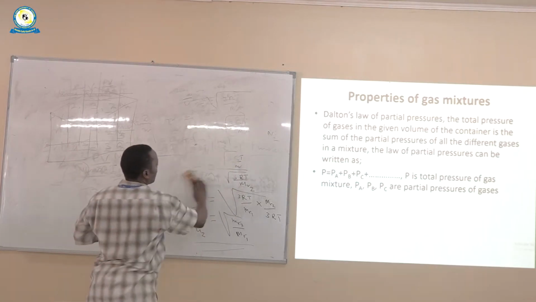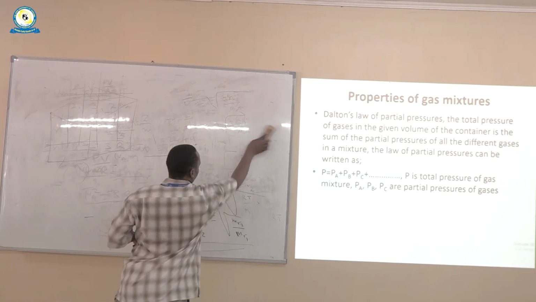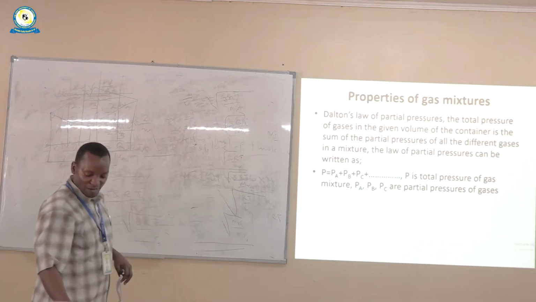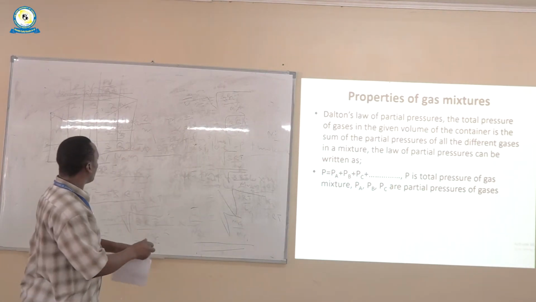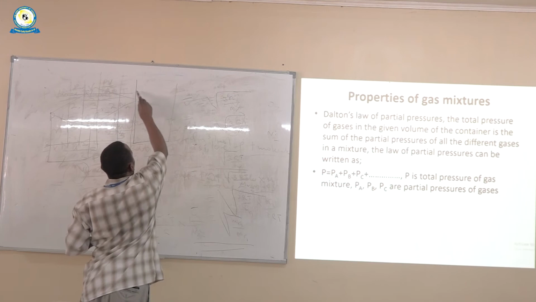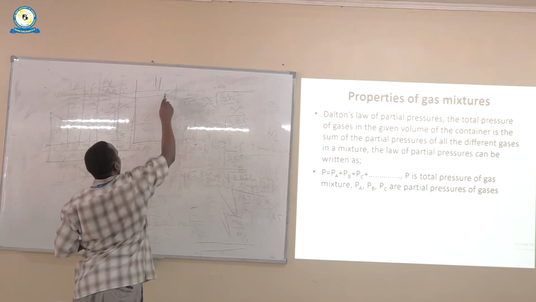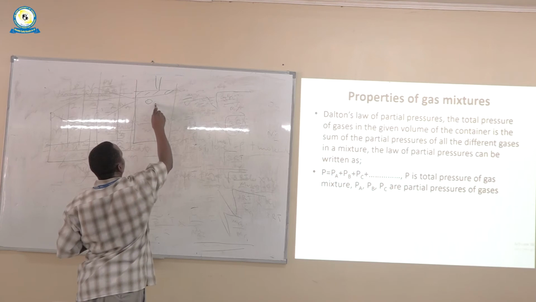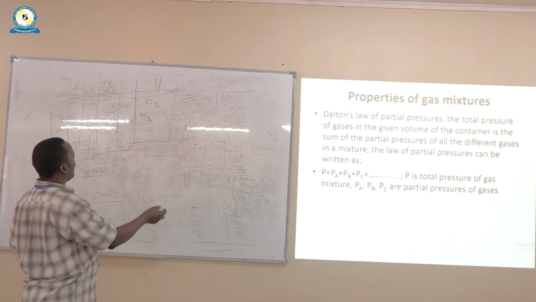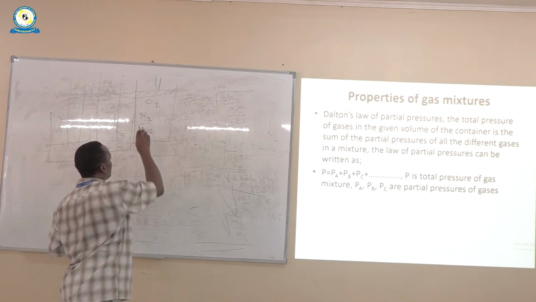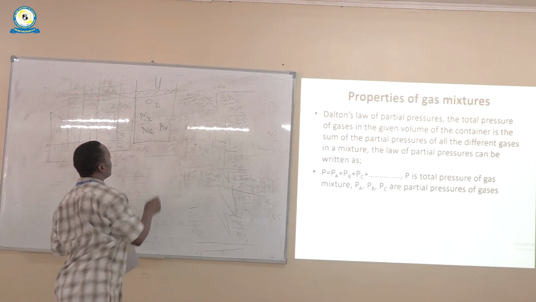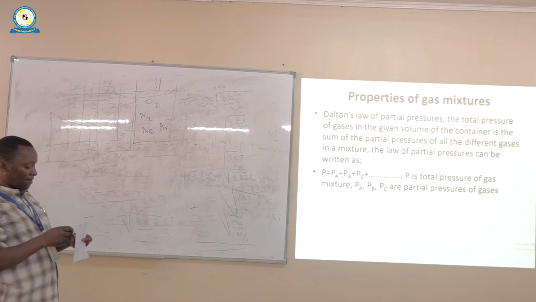Suppose that we have several types of gases in a container. Maybe there is oxygen, there is nitrogen, and a certain inert gas like neon is also present. Even argon maybe is also present. All of them are there.